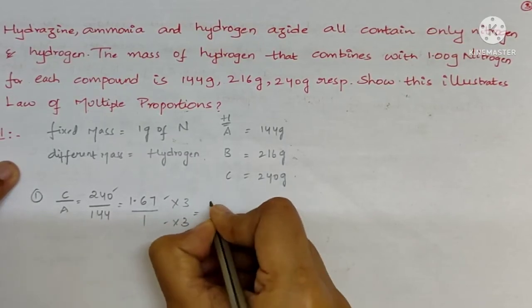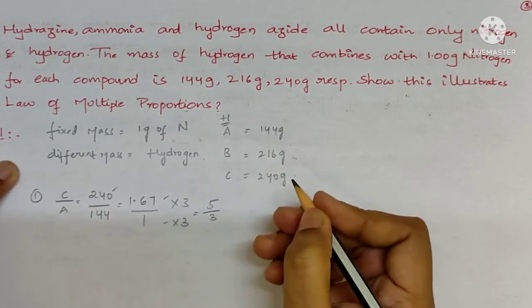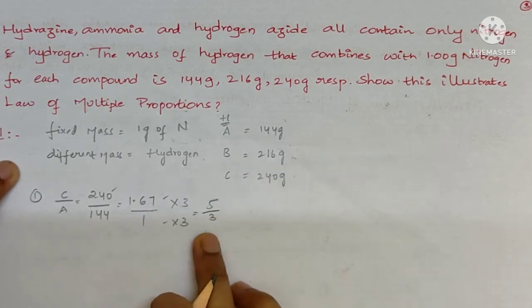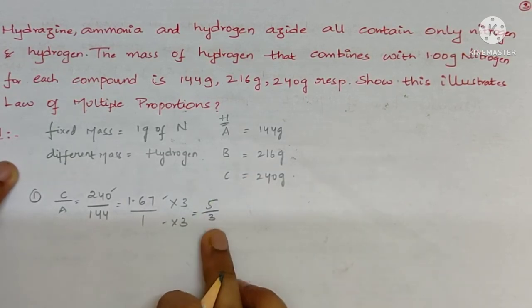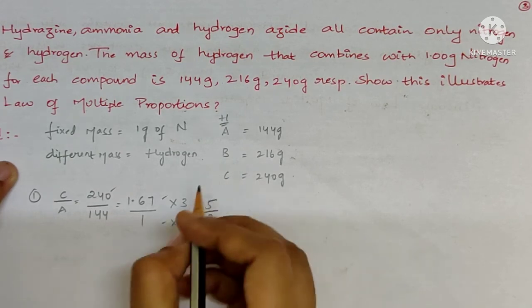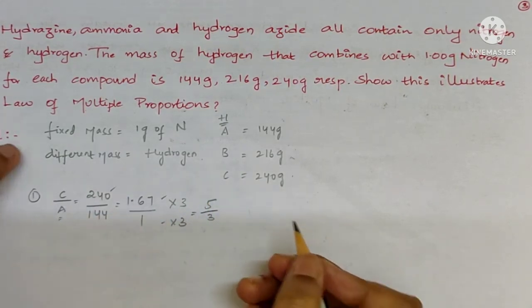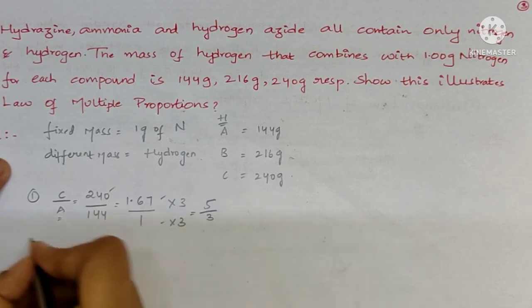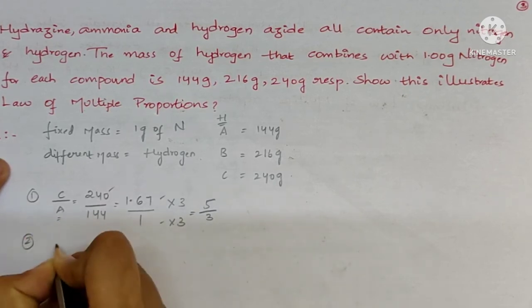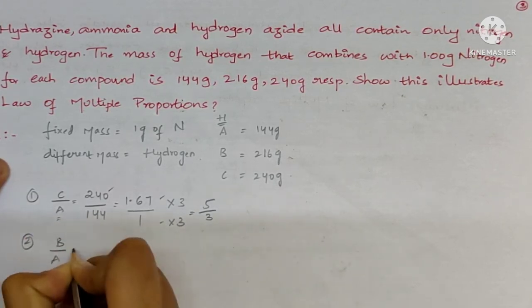So finally we'll get 5 by 3. What does this mean, students? We need 5 parts of hydrogen for every 3 parts of hydrogen in compound A when combined with 1 gram of nitrogen.